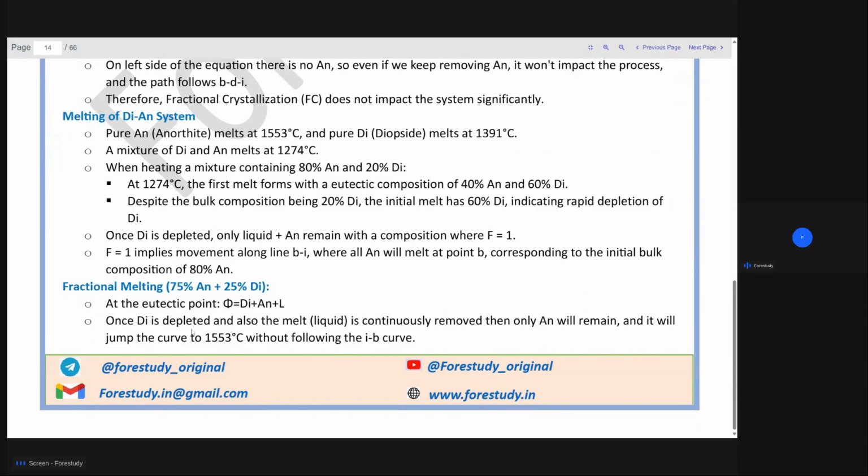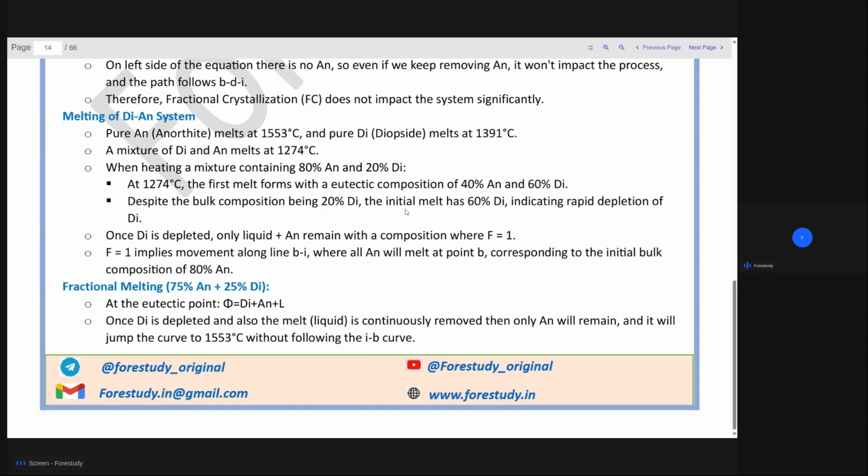Since this is fractional melting, we are always taking out the melt after the reaction is finished. So the melt is continuously removed, then only anorthite will remain, and it will jump the curve to 1553.